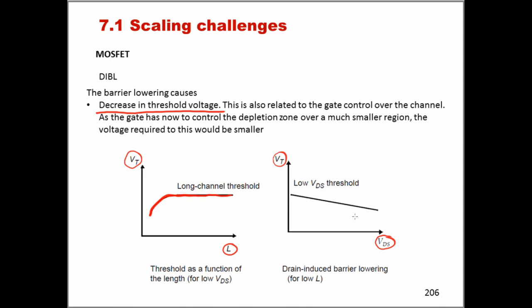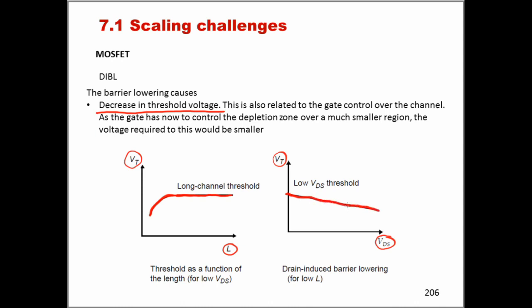And this is what this plot is showing us. As we can see, when VDS is small, the threshold voltage of the transistor has a certain value, but if we operate the transistor at a higher VDS, we should expect that the threshold voltage drops.